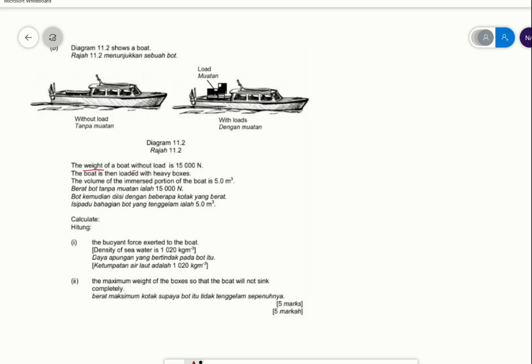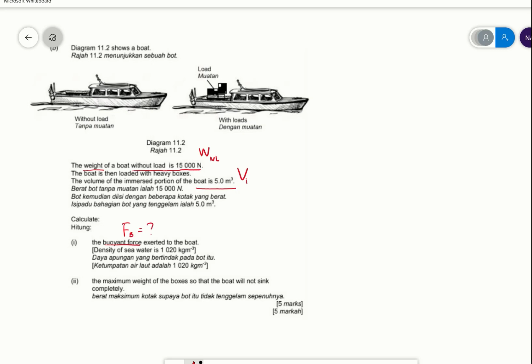We have the weight here, and then we have the volume, which is 5 meter cubed. We give this one the sign WL, which is no load, and Vi, the immersed portion. Calculate the buoyant force exerted on the boat.